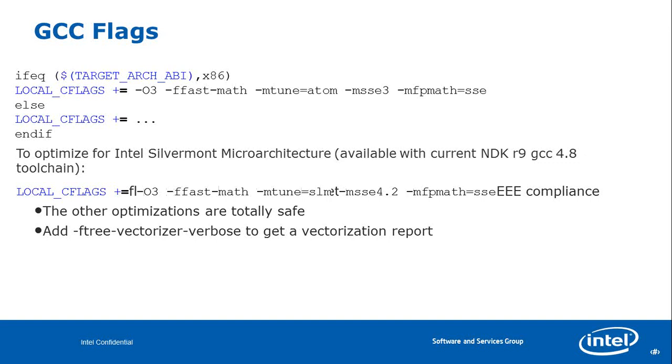So this is going to again optimize for that particular platform. When I say optimize for that particular platform, SSE 4.2 is available for Silvermont, so it's going to start using 16-byte operations instead of the previous one, which was for SSE 3. So this is the advantage of the mtune flag.